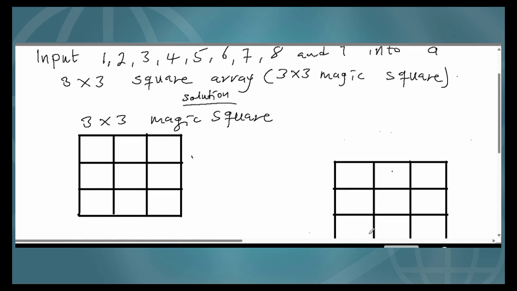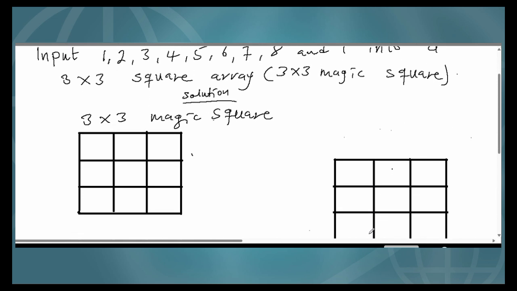And if this is your first time hearing about magic squares, then this is how you can draw the 3 by 3 magic square. The first 3 is the number of rows that your square should have, and the second 3 is the number of columns that your square should have.